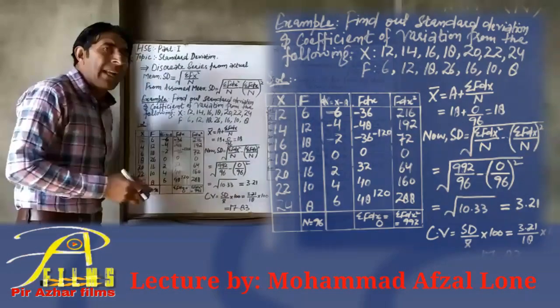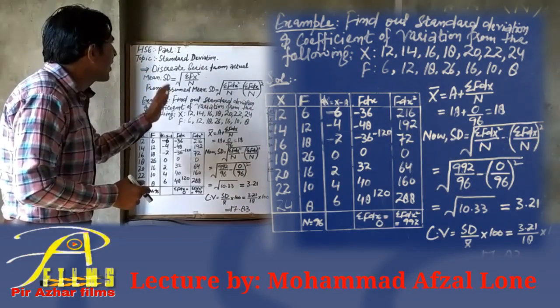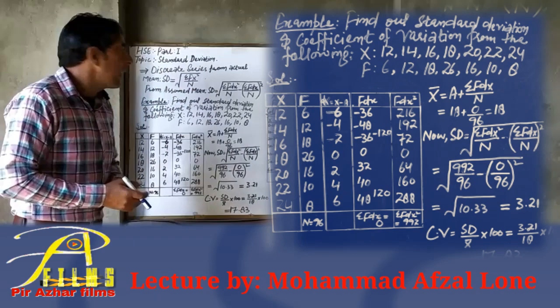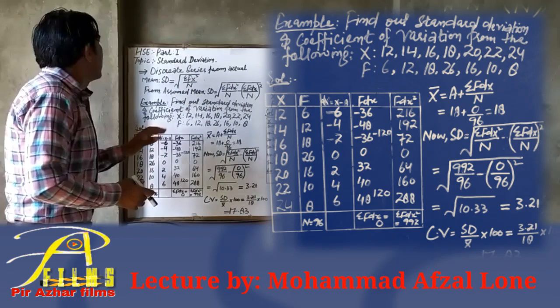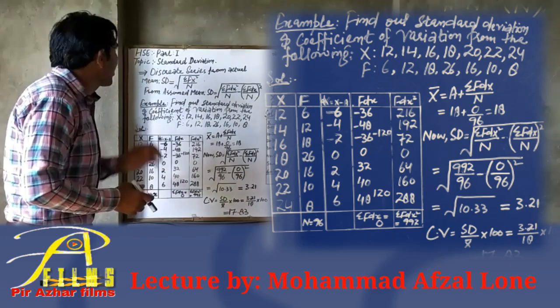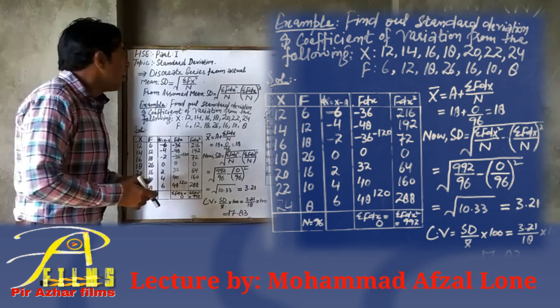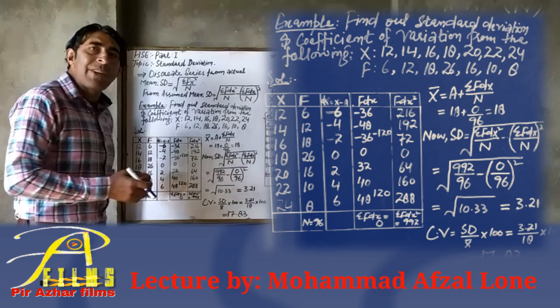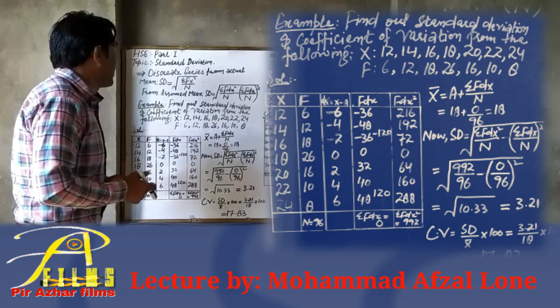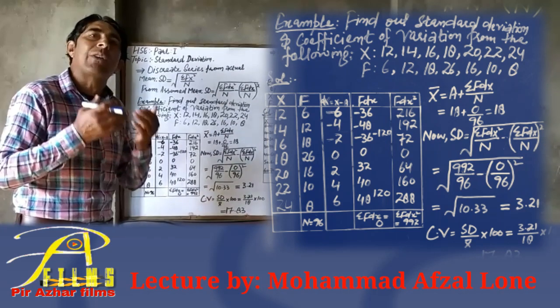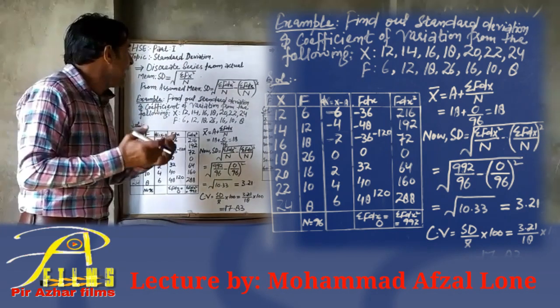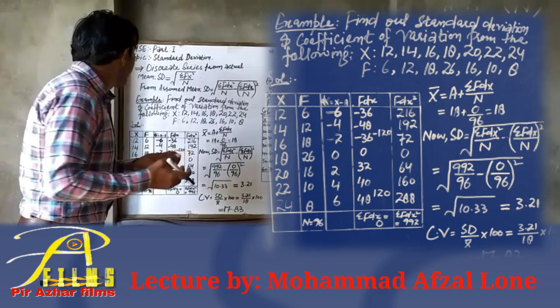We have an example here to calculate standard deviation in discrete series. Standard deviation is equal to under root of summation of x square divided by n. This is how standard deviation is calculated by mean in the discrete series.